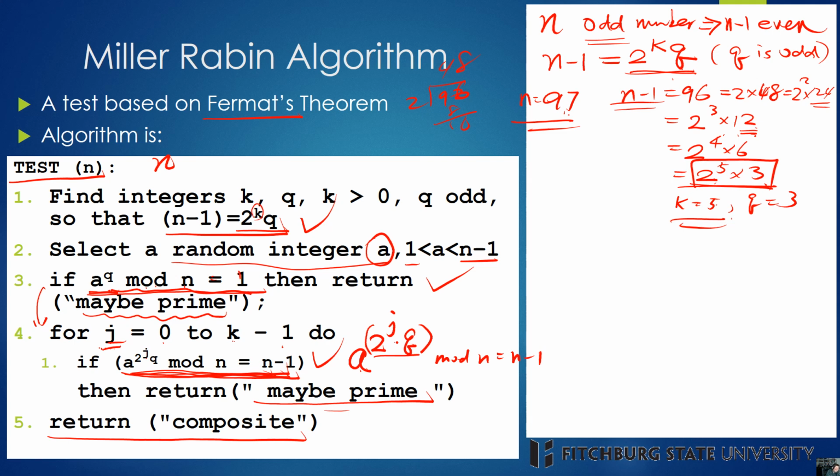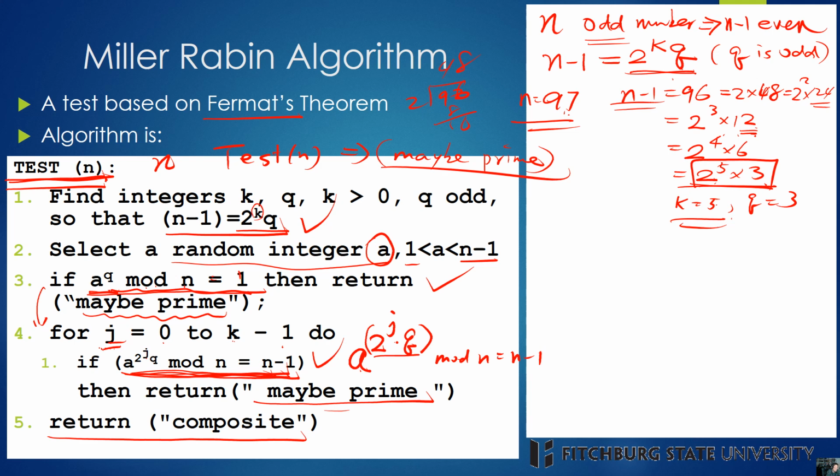Okay, that's Miller-Rabin. And then you may ask, what's the point of this Miller-Rabin? Let's take a look at the next slide. Because every time I test n, if the test returns maybe prime, I cannot exclude that this is a prime.